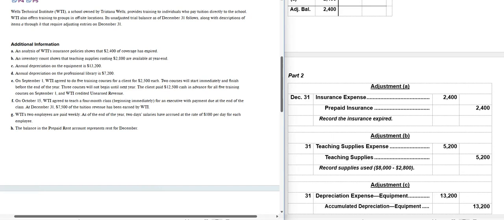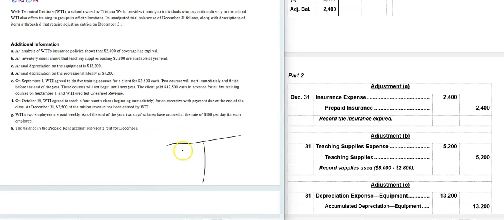What that is telling me is that the teaching supplies account has a balance right now of $8,000, but only $2,800 are available. I want my balance in this account to be $2,800 to reflect what it is that I actually have, right?